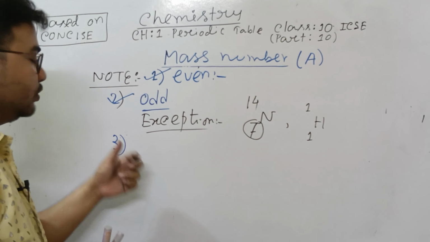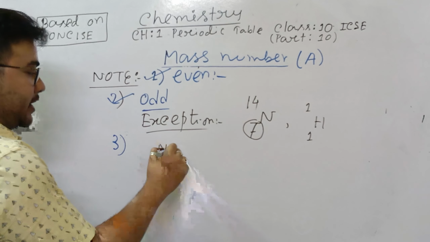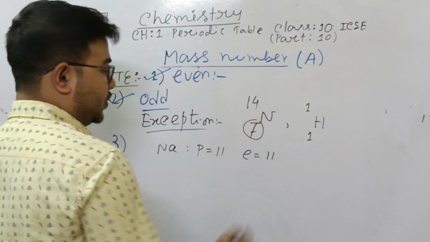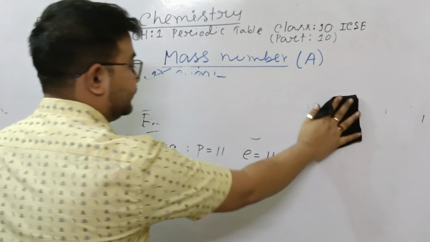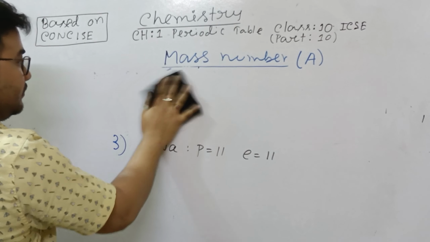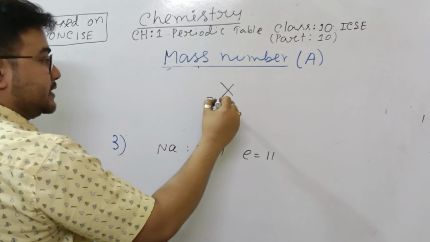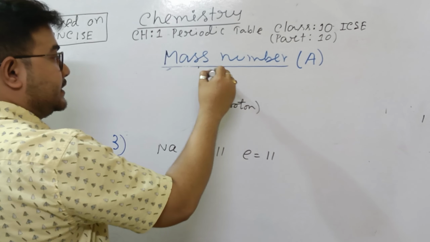Now note number 3. Tell me, in case of sodium, what is the number of protons? 11, electron 11. So how to calculate the number of proton? I already discussed, the number of proton is the atomic number, and then there is the mass number.